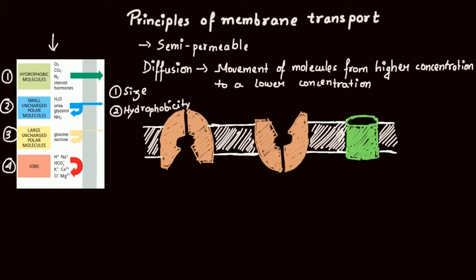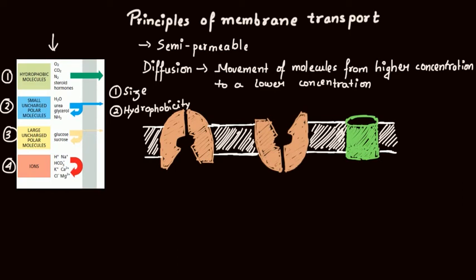Now, molecules can also be transported by membrane proteins, like I said. Diffusion was the easiest one, and diffusion does not require any proteins to carry the molecules across the cell membrane. But some proteins that are present on the cell membrane can facilitate the movement of the molecules across the cell membrane.